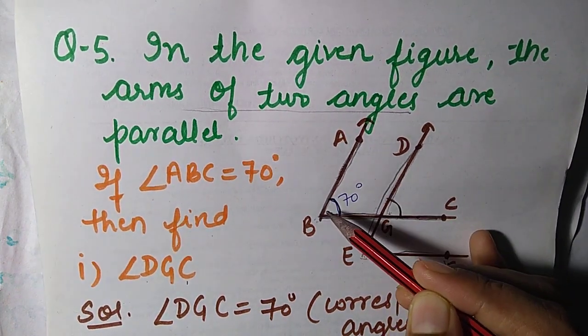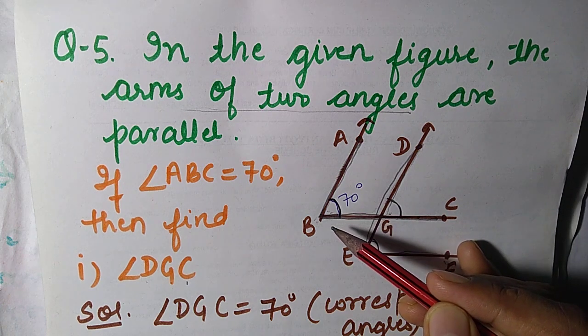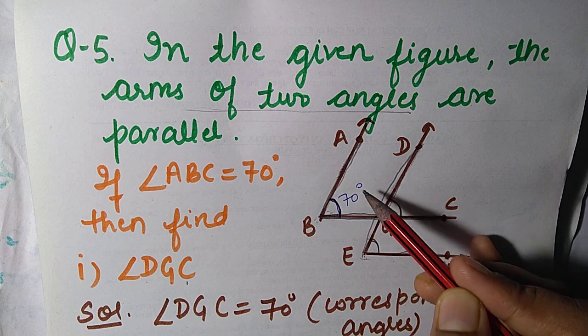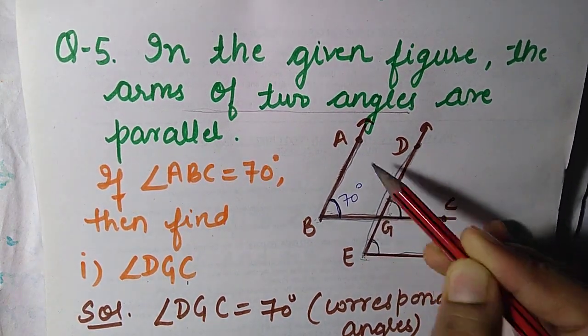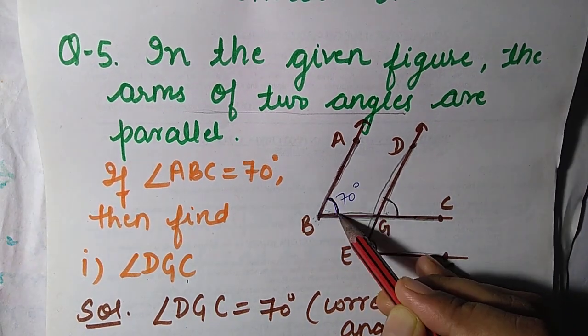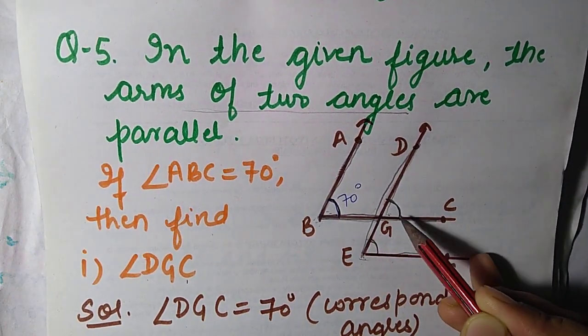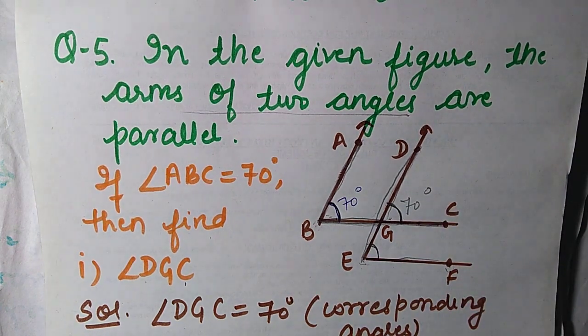A transversal is a line which intersects two lines at two different points. So BC is intersecting DE and AB at points B and G. It means these are corresponding angles, so this is also 70 degrees because the lines are parallel.